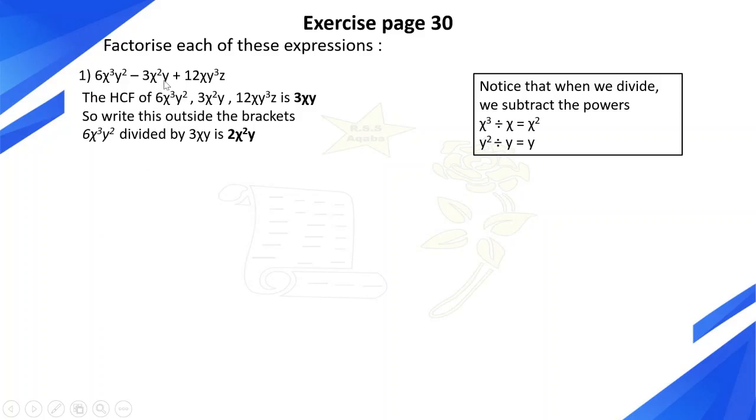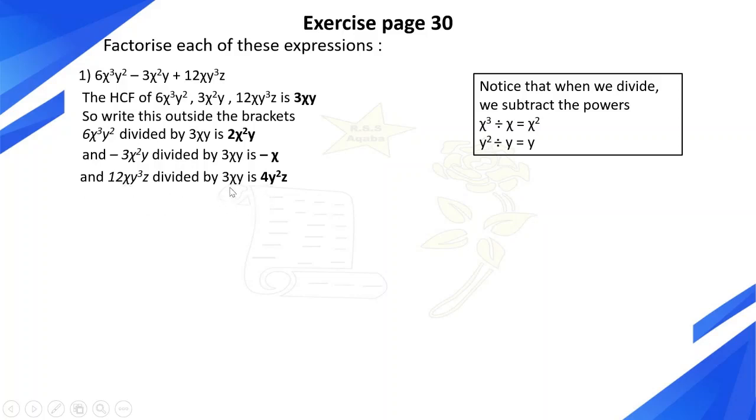Then you have to divide the second term by 3xy, and you will get minus x, because minus 3 out of 3 is minus 1, x squared out of x equals x, then simplify y with y. And the third term, you have to divide it by 3xy. 12 out of 3 is 4.